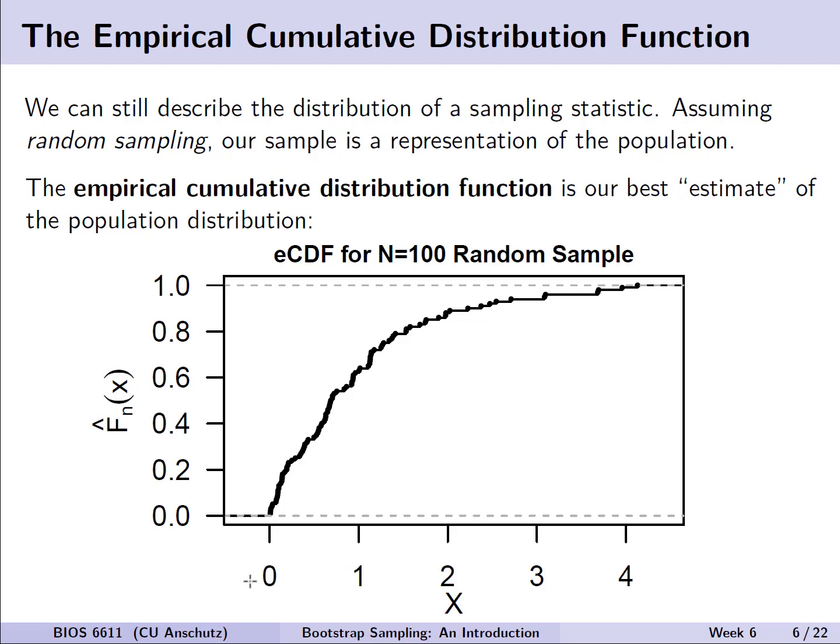One solution we can use actually is known as the empirical cumulative distribution function, really focusing here on that idea of empirical. We've of course talked about the CDF previously, but it's primarily been in the context of a defined or known distribution. However, we can still describe the distribution of a sampling statistic based on some random sample of a population. For example, we can plot out the CDF just based on the data we observed empirically, and this will represent our best estimate or guess of that corresponding population distribution, even if we have no idea what the underlying distribution may truly be, or it could be a mixture of different distributions.